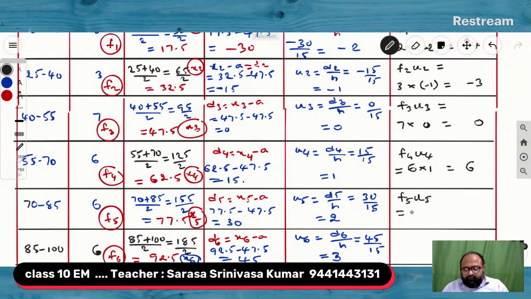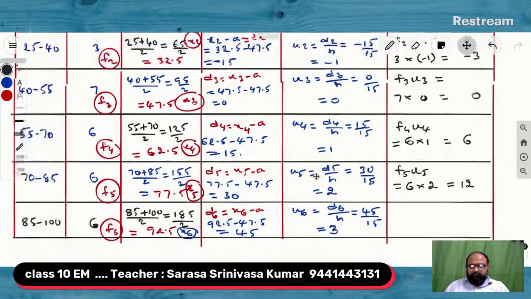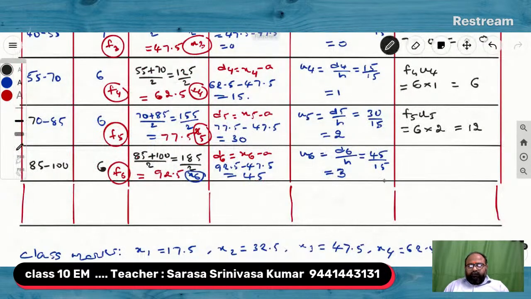F5 is 6 multiplied by U5 which is 2, equal to 12. Next, for the last class interval 85 to 100, we have F6 U6. F6 is 6, multiplied by U6 which is 3, equal to 18.